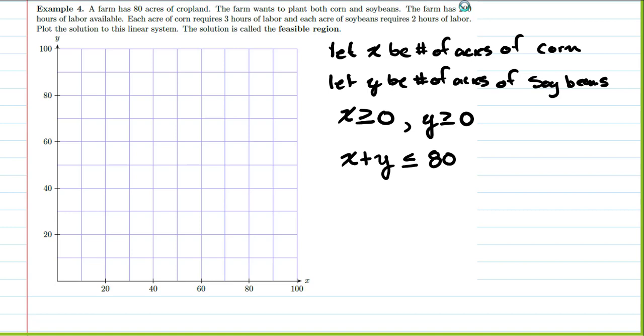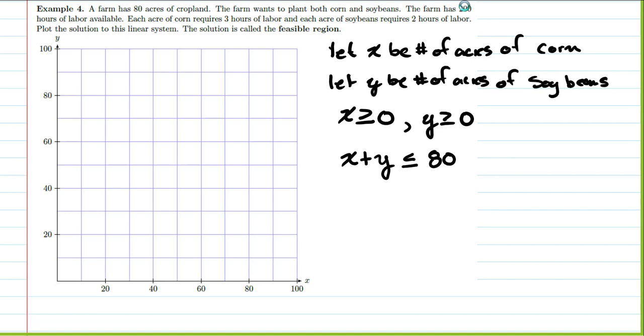We have another constraint on our system. It takes 3 hours to plant an acre of corn and 2 hours to plant an acre of soybeans, and the farm has 200 hours of labor available.